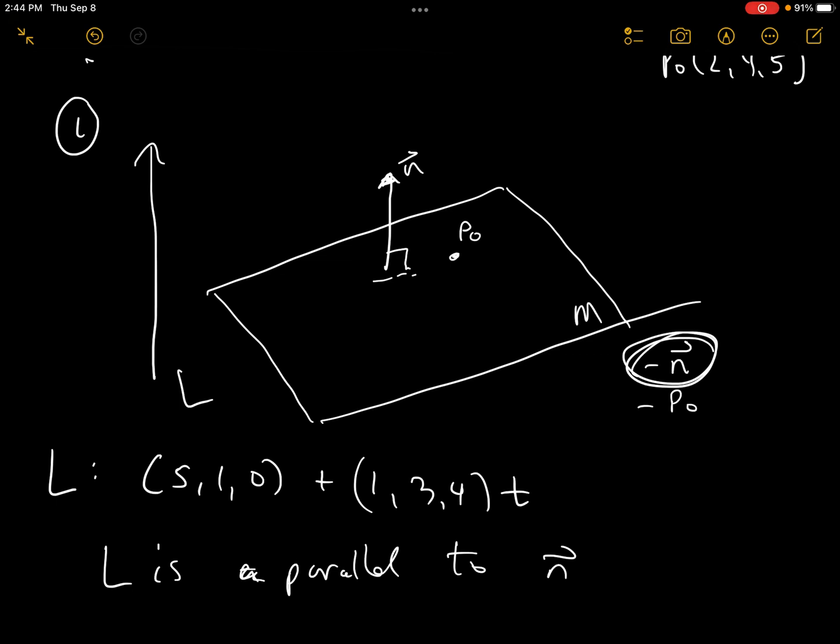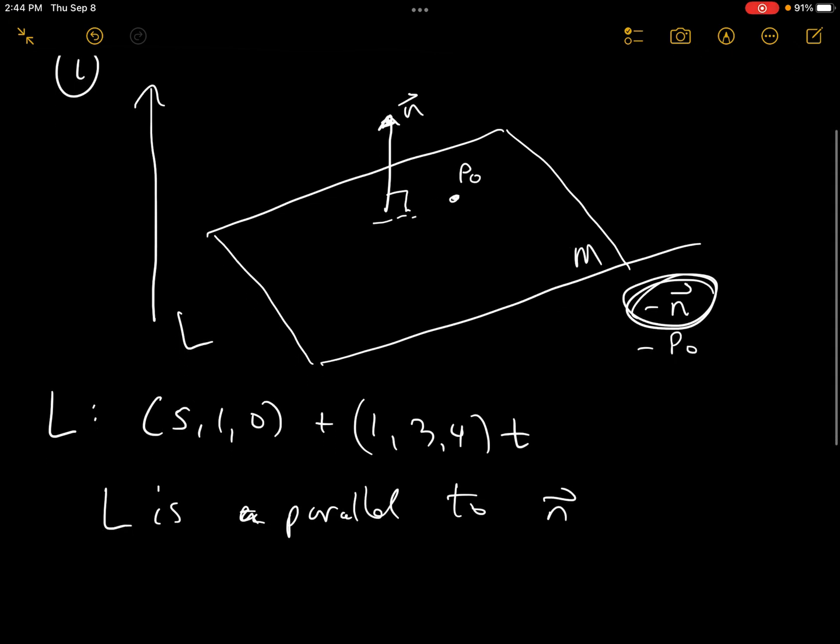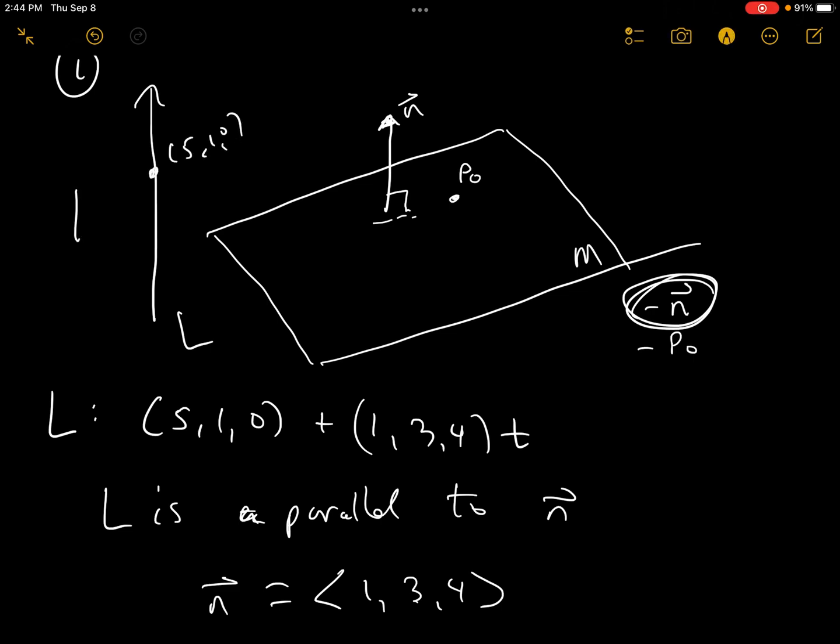So we might as well let that multiple be 1. So here we go. We want n to be the vector 1, 3, 4. Right? Because L has this point 5, 1, 0, and it's parallel to the vector v, which is given to be 1, 3, 4.